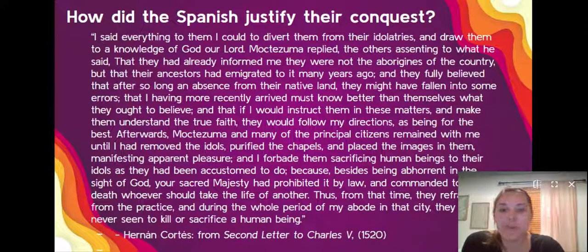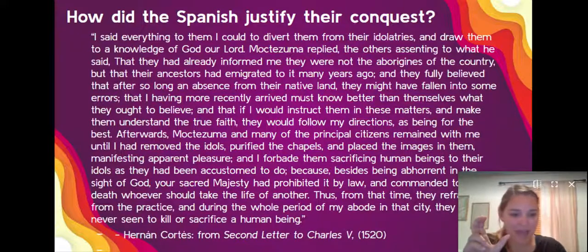Moctezuma replied, the others assenting to what he said, that they had already informed me they were not the aborigines of the country, but that their ancestors had emigrated to it many years ago. And they fully believed that after so long an absence from their native land, they may have fallen into some errors, that I, having more recently arrived, must know better than themselves what they ought to believe, and that if I would instruct them in these matters and make them understand the true faith, they would follow my directions as being for the best.